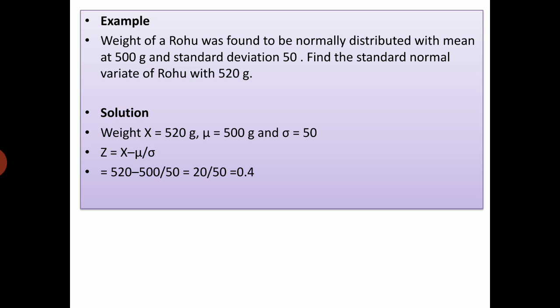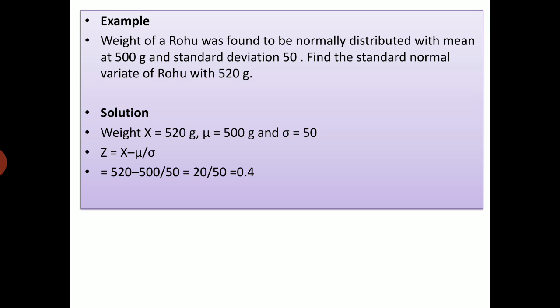So every time they have to remove fish from the pond and check the average weight of that fish. When they weighed the sample fish, the weight of the rohu was found to be normally distributed with mean at 500 grams and standard deviation of 50. As we have understood, standard deviation is the deviation from the mean. So all fishes are not 500 grams.